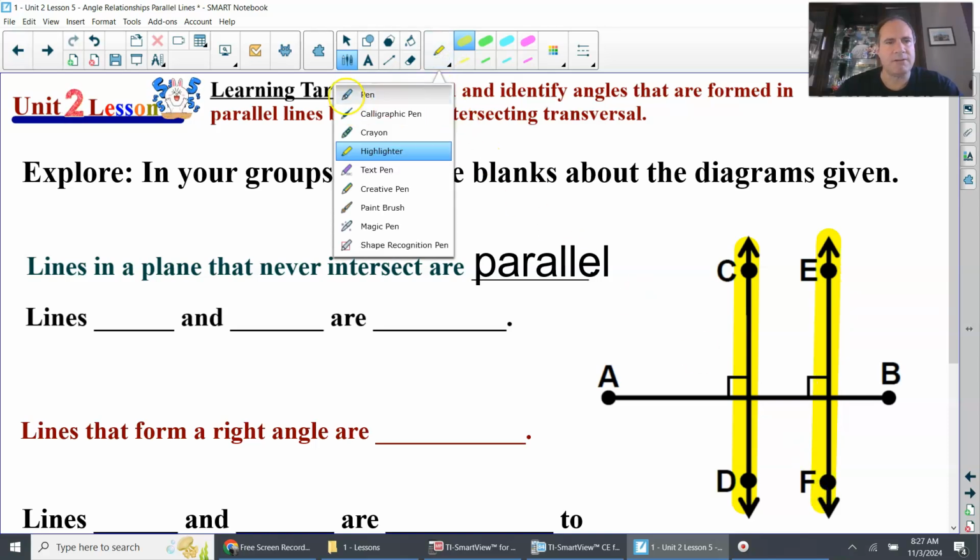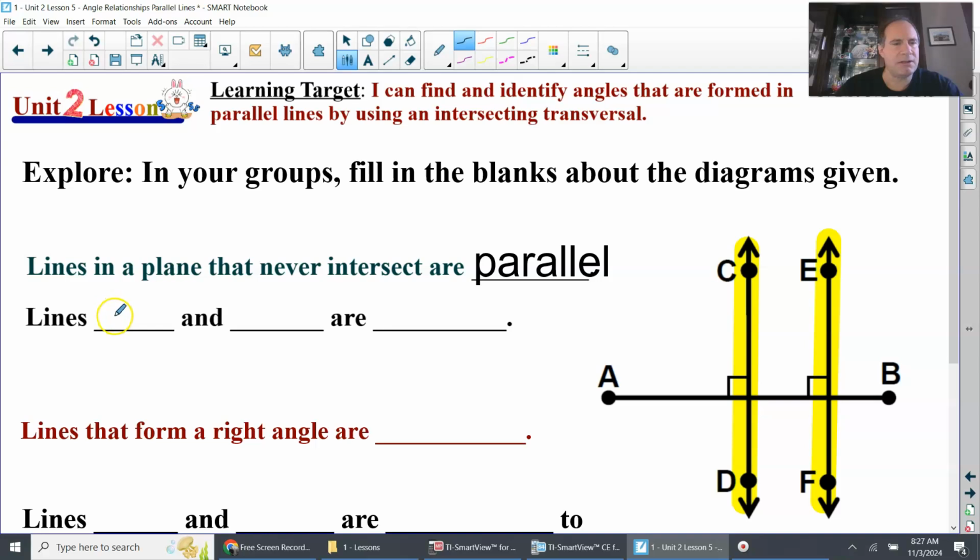So when we're looking for parallel lines, we're just going to put CD in the highlighter. And then right on the top, we're just going to write that little symbol for line, and EF. And they are parallel.